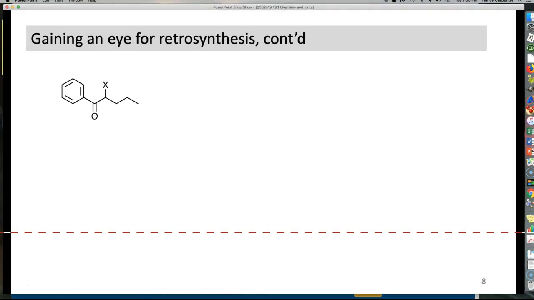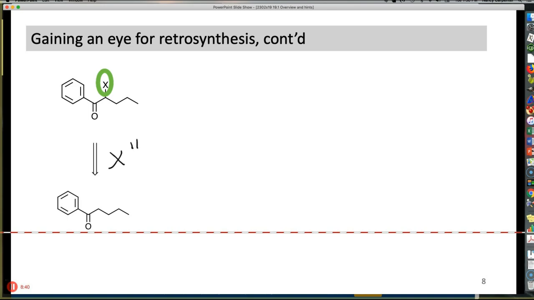Finally, here's a hint that we probably should have already been thinking about. If I have a ketone with something on the alpha carbon, I should be thinking of that thing as being added as an electrophile to my enolate nucleophile.